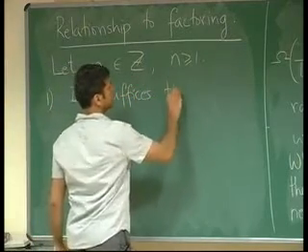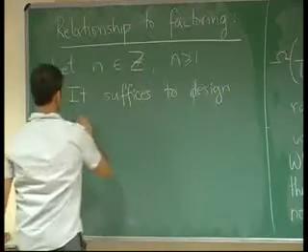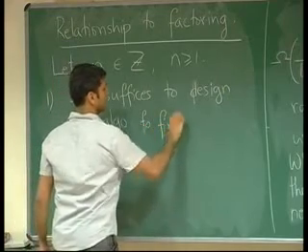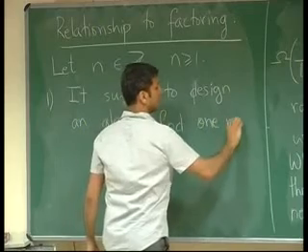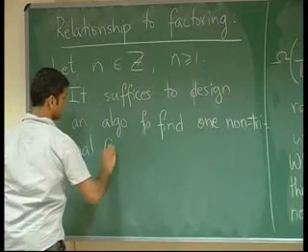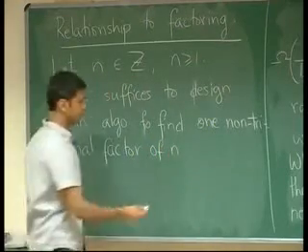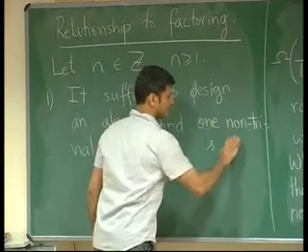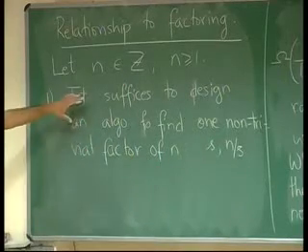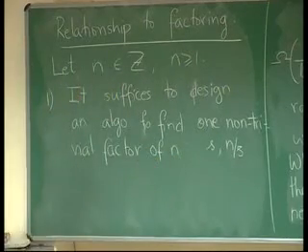Meaning it suffices to construct an algorithm that, if you find, let's say, a factor s, and of course the remaining factor is n over s, then you can run the same algorithm recursively on s and n over s until you find all the prime factors.